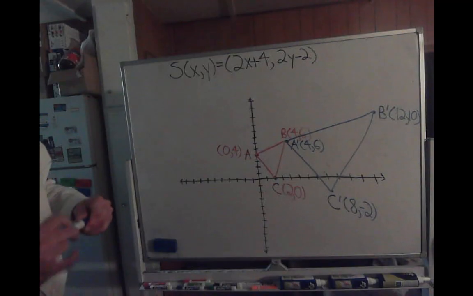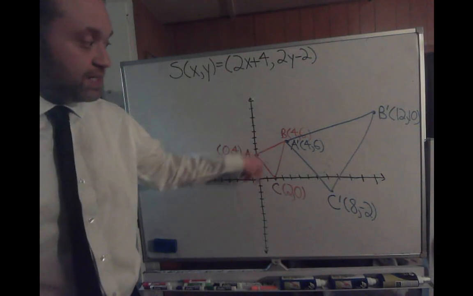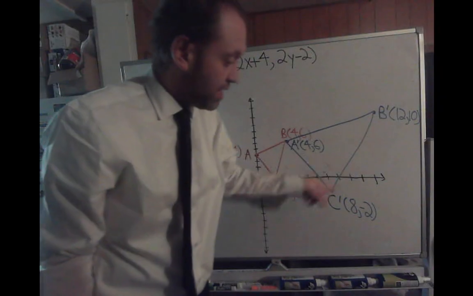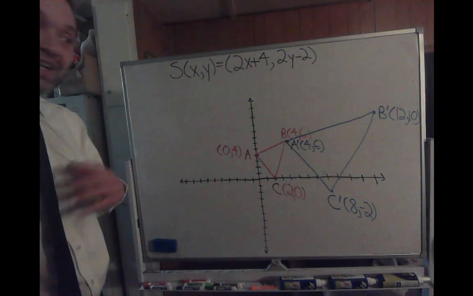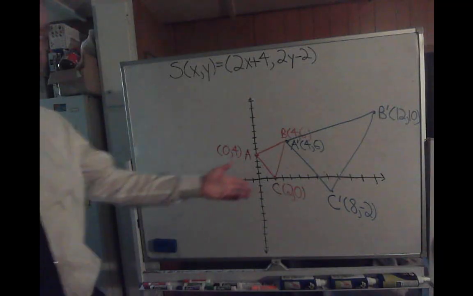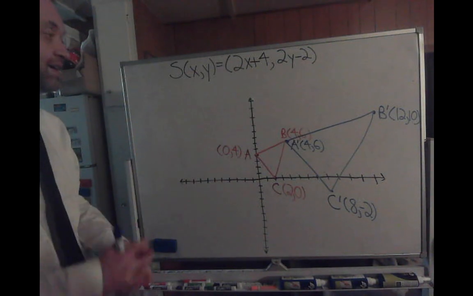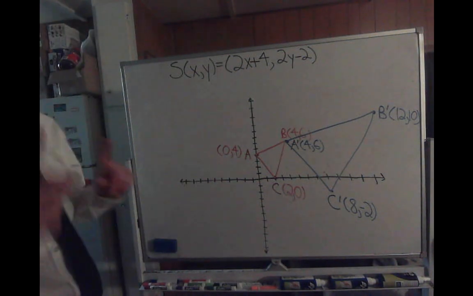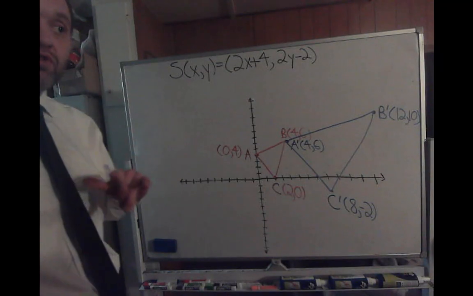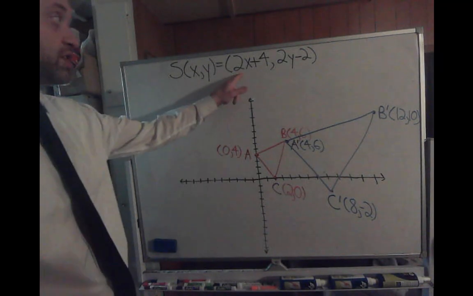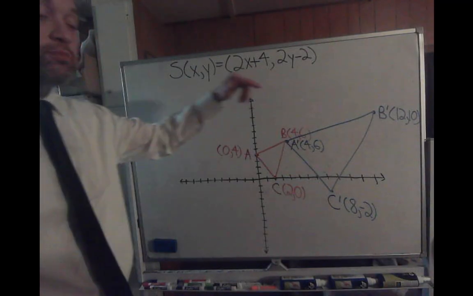Okay, so now we have triangles ABC and A prime, B prime, C prime. Is this an isometry? I think looking at these, clearly they're not isometries. They're clearly not congruent. And in fact, remember what I told you, the quick test without having to apply the distance formula is look at the coefficients on your x and y variables.